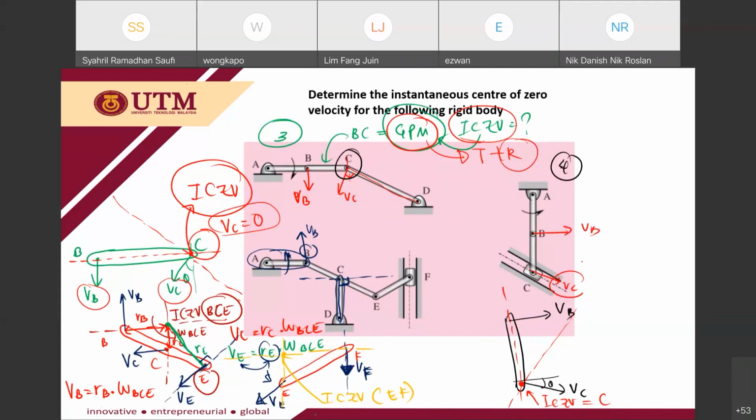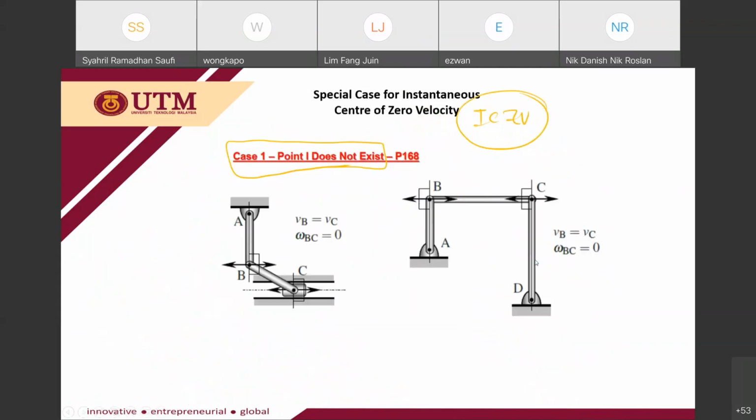So VC and VB are not parallel. That's why this one is a GPM. But there is another case like this where you will notice that at this instant, VB and VC are parallel.